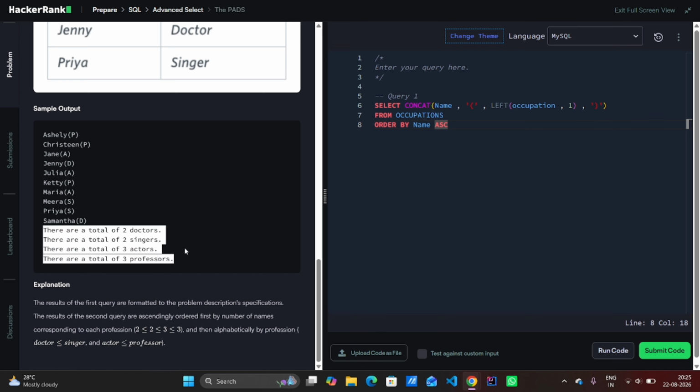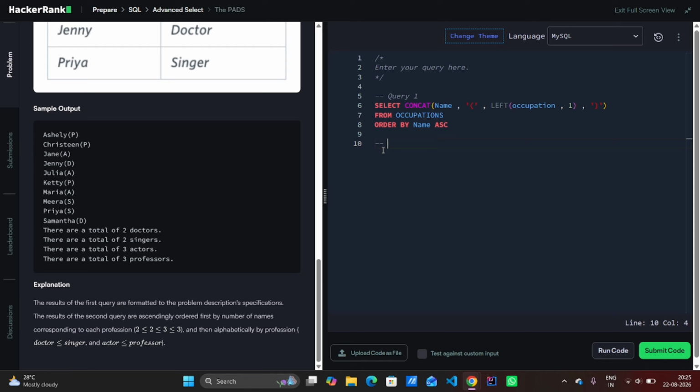There are a total of two doctors. So query 2, select, again concat, and inside this we have to write there are a total of, then we will count the occupations, this two.